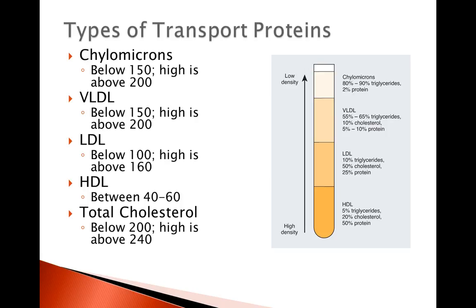Okay? So this is how the LDL is formed. The VLDLs have delivered their triglycerides to the adipose cells. That's what we just said they did. When the VLDLs delivered their triglycerides, they gave up most of it.